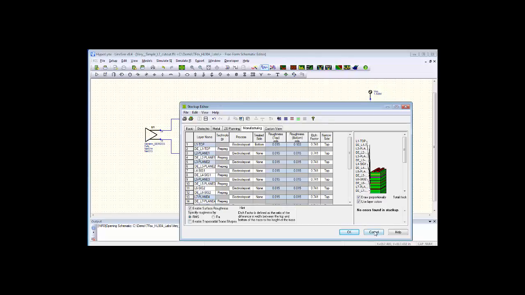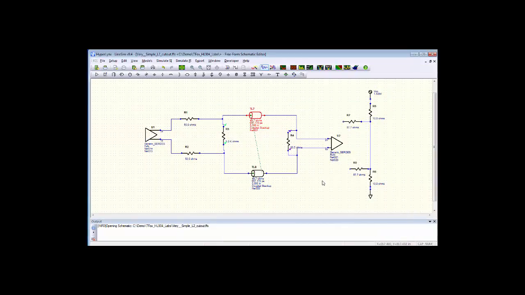The only point in all of this is that roughness can be the elephant in the room. So if you're doing some sort of simulation and you're not looking at the roughness factor and what that has to do with your overall circuit, you can make this quite a bit more complex.